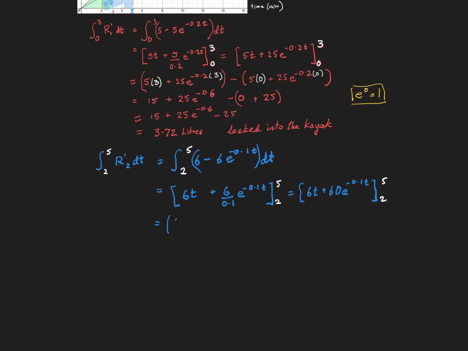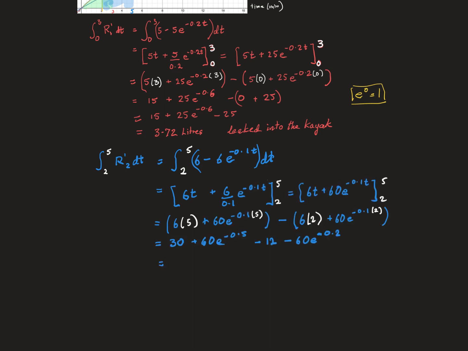So substituting first 5, and then 2, working that out gives me 30 plus 60 e to the minus 0.5 minus 12 minus 60 e to the minus 0.2.